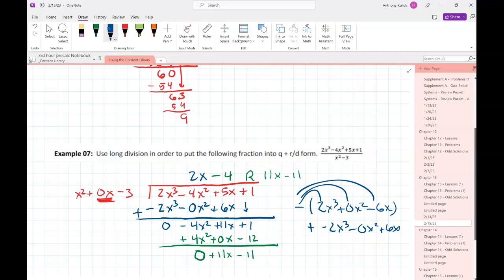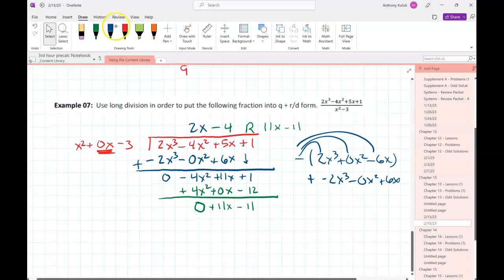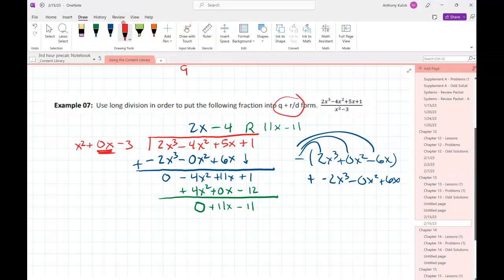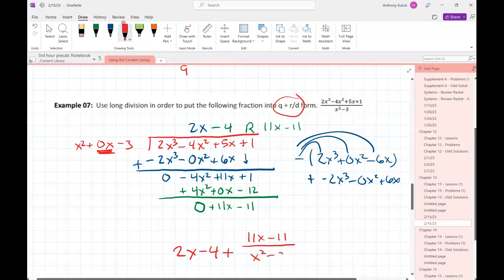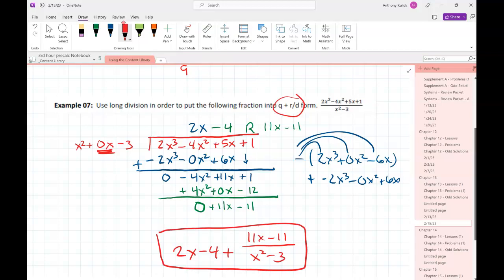Okay? So how am I going to rewrite this as my final answer then? Because it wants it in quotient plus remainder over divisor. X minus 4 plus 11x over x squared minus... You don't need a parenthesis anywhere. You could put one. I mean, if you want to do this, you can. It's not wrong.